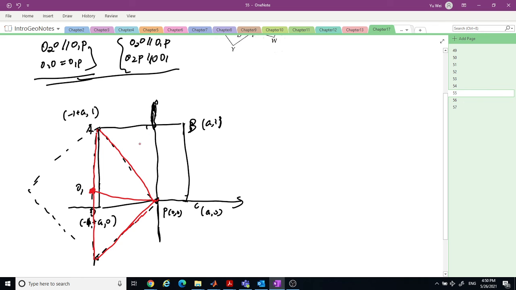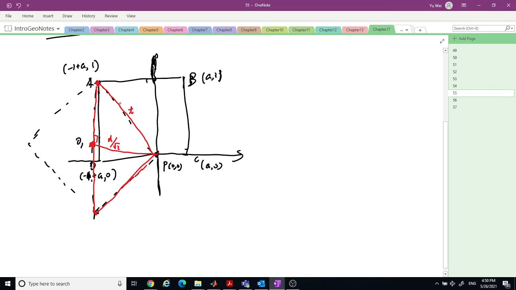And also, so now you can see this one. So we know if AP is T, then this one is T over root 2, right? And here is the A, here is the B. Now, if we know the A's coordinates, then we're rotating this one by 90 degrees, right? Now you can see the Y is positive getting to the negative, so that's why the X is negative.